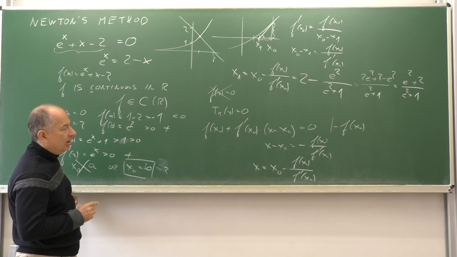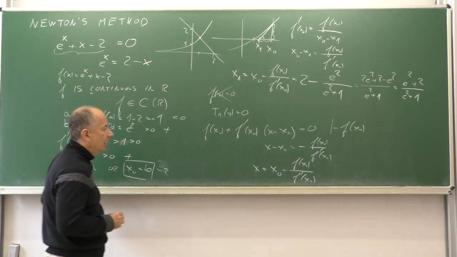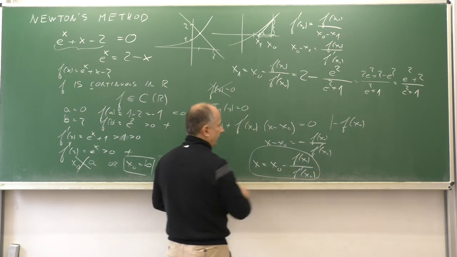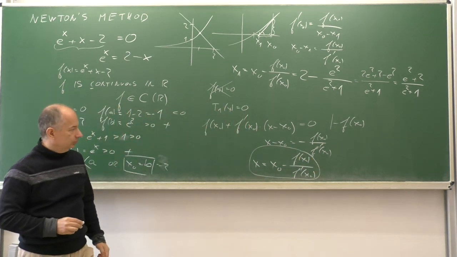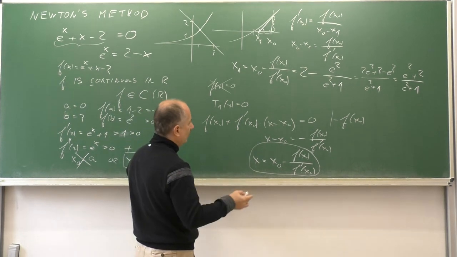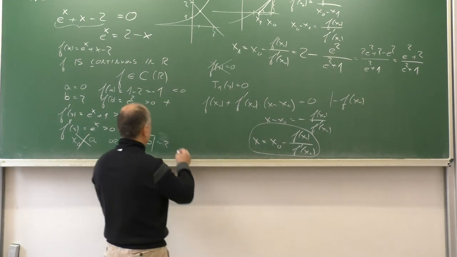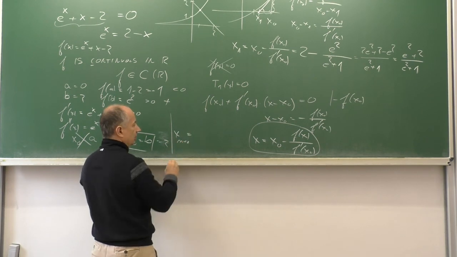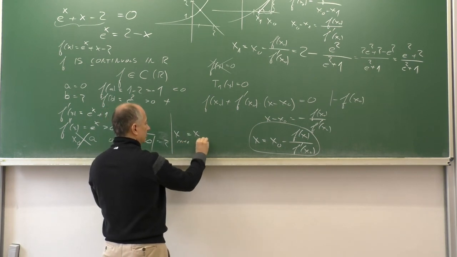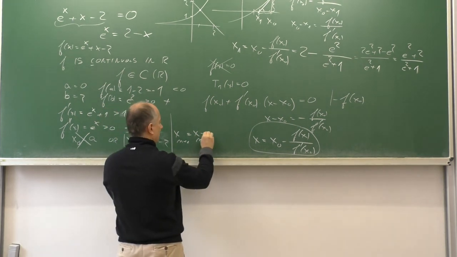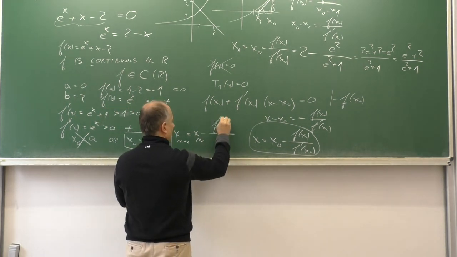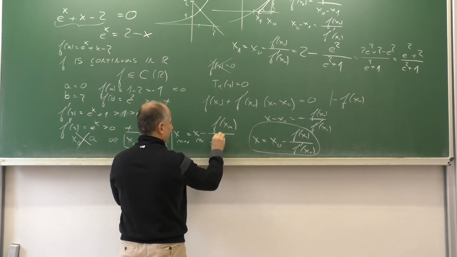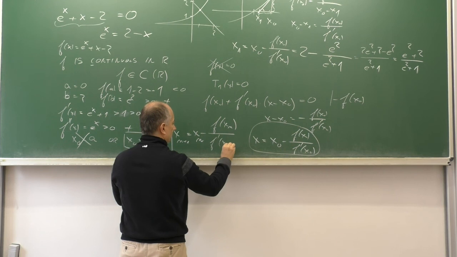And one more remark to Newton's method. If you consider this relation, or in a more general situation, that the n+1 approximation is equal to the nth approximation minus this correction f at xn divided by the derivative f prime at xn.